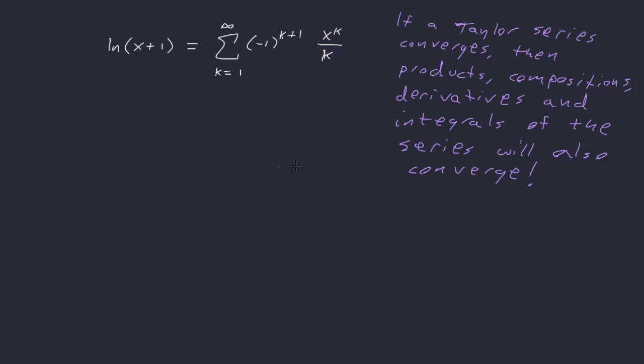Right, so this is actually kind of huge because we can say if I have this series, the natural log of x plus 1, and I want to find the Taylor series for, let's say, the natural log of 3x plus 1, well, all I need to do is actually just plug the 3x into the series that we have, and it will also converge.